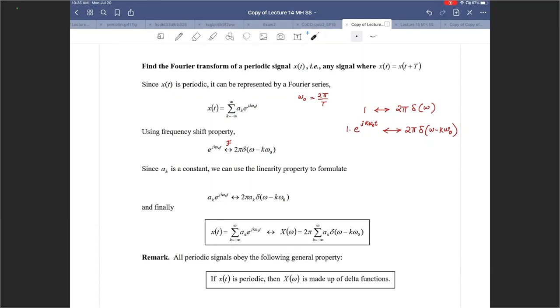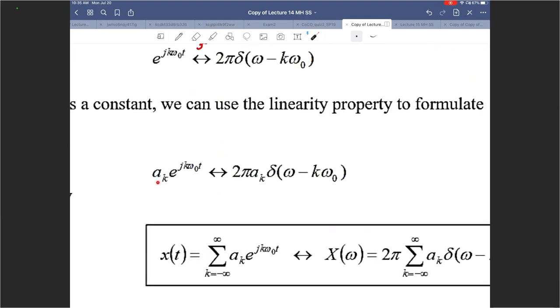So I can multiply the left-hand side, in this case the time domain, with a sub k. And if I want to use linearity, I also multiply the frequency domain by a sub k. So that could mean I multiply that with a sub 1, a sub 2, a sub minus 1, whatever that is. I'm just trying to multiply the time domain as well as the frequency domain with a sub k.